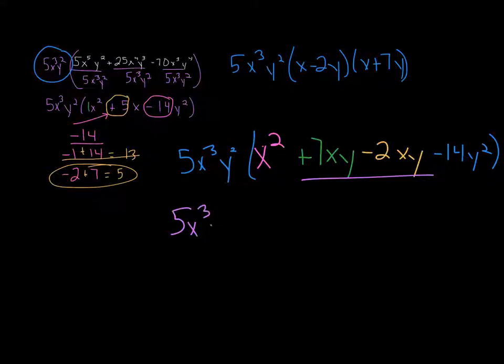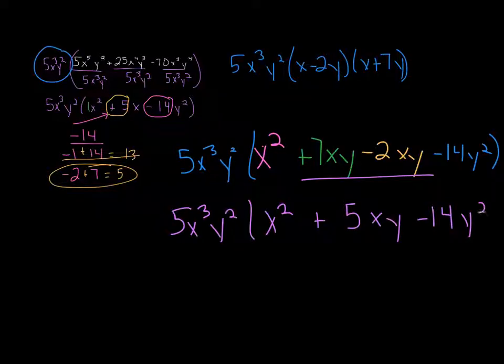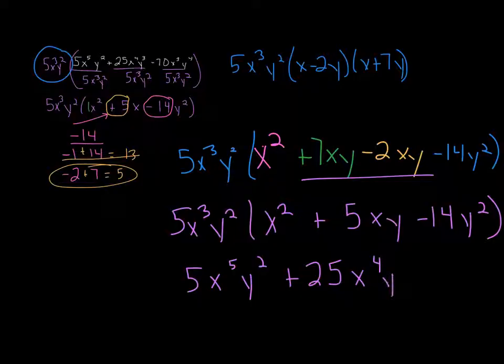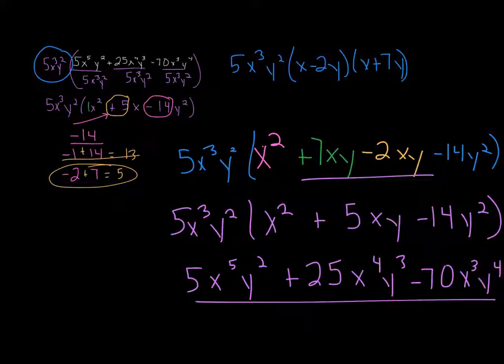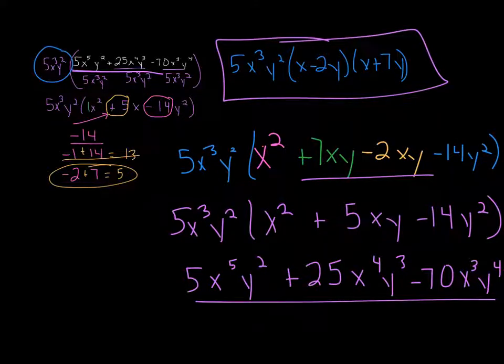So 5x cubed y squared, times x squared plus 5xy minus 14y squared. And distribute, that gives you 5x to the 5th y squared plus 25x to the 4th y cubed minus 70x cubed y to the 4th, which is exactly what we were looking for. So that is my correct answer.